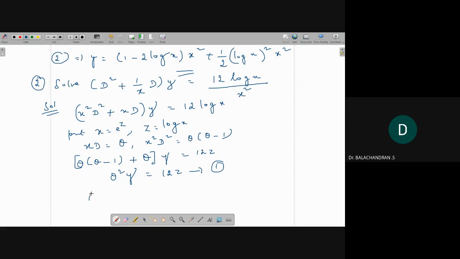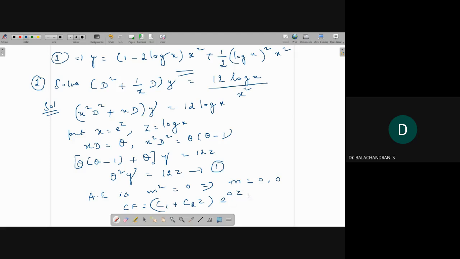So auxiliary equation is m square equal to 0, m equal to 0, 0. So the complementary function is c1 plus c2 into z into e power 0 z.